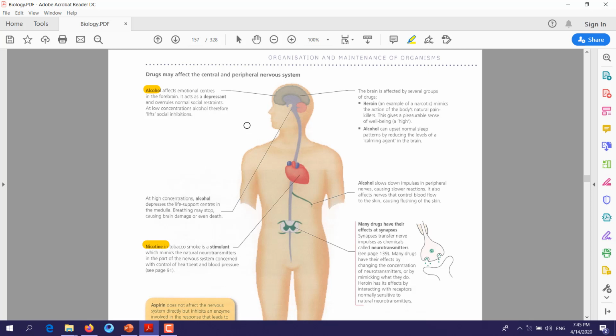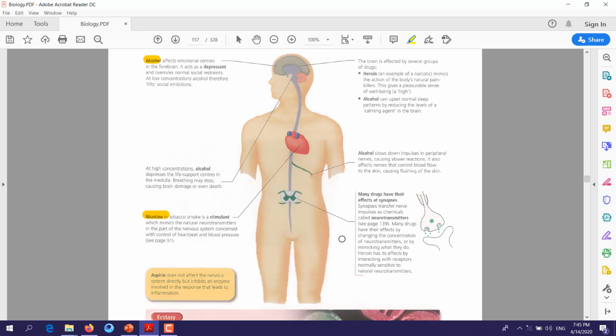We just explained this before. One more thing here: many drugs have their effects at synapses. If you remember, we said a synapse is the gap where two neurons connect with each other. This is a neuron, or a nerve cell, and here is the next nerve cell.